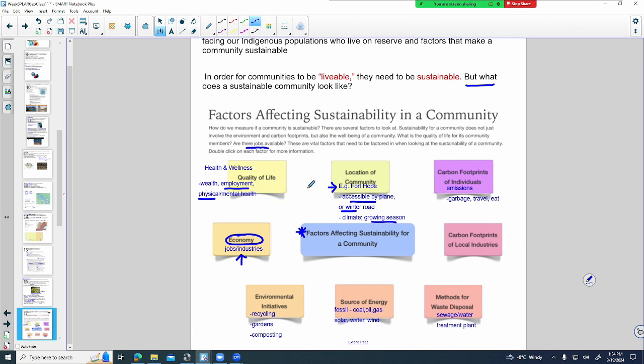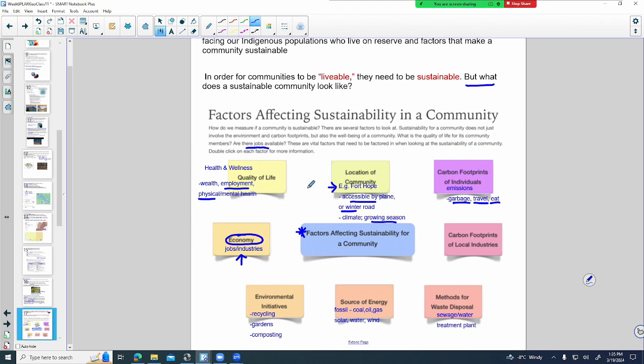Carbon footprints of individuals. So we're looking at garbage. So for example, for each household, how much garbage they would have. For traveling, so their carbon footprint, how much they will travel. What about the food that they eat?